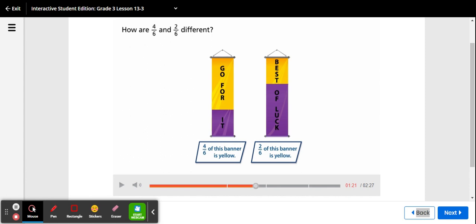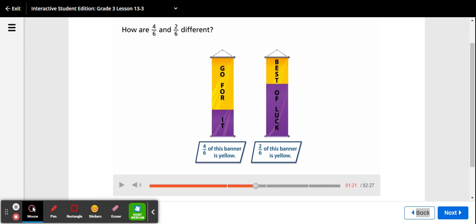Our numerator tells us how many parts we're actually looking at. So since our numerators are different and I see a 4 and a 2, the 4 in the first banner is telling me that 4 of those parts are yellow. The 2 in the second banner is telling me that I have 2 of those parts that are shaded yellow.